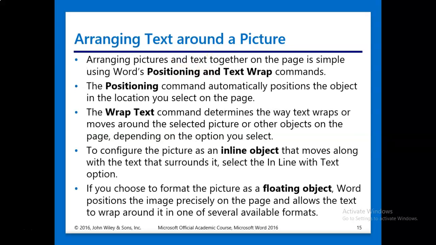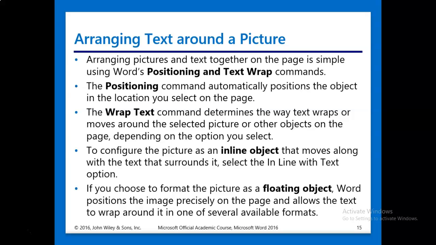You can also arrange text around a picture. Arranging pictures and text together on the page is simple, using Word's positioning and text wrap commands. The positioning command automatically positions the object in the location you select on the page. The wrap text command determines the way text wraps or moves around the selected picture or other objects on the page.